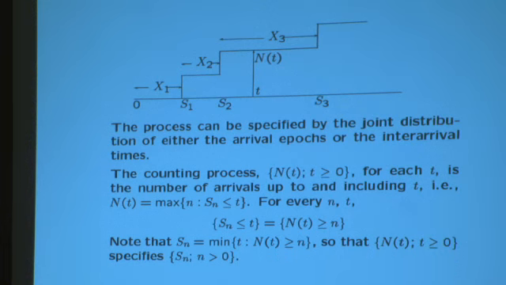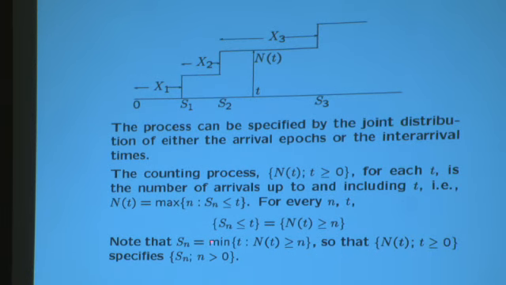So big inter-arrival times correspond to a small value of N of t. And you can see that from the picture here. If you spread out these arrivals, you make S1 all the way out here, then N of t doesn't become 1 until way out here. So N of t as a function of t is getting smaller as S sub n is getting larger.